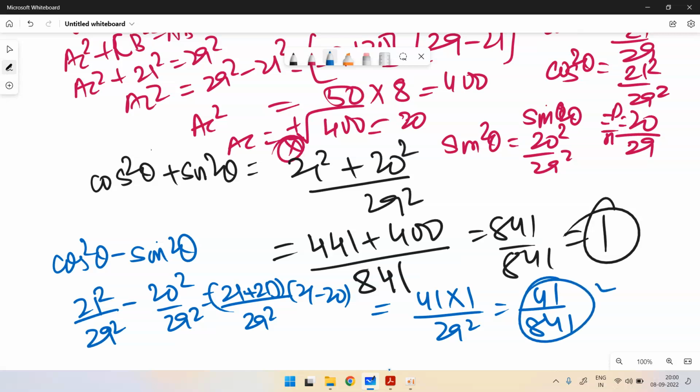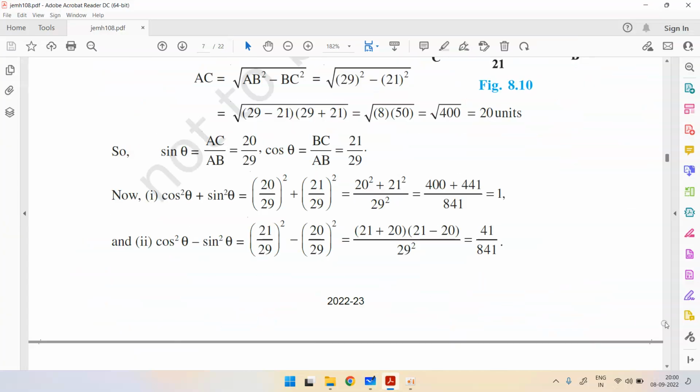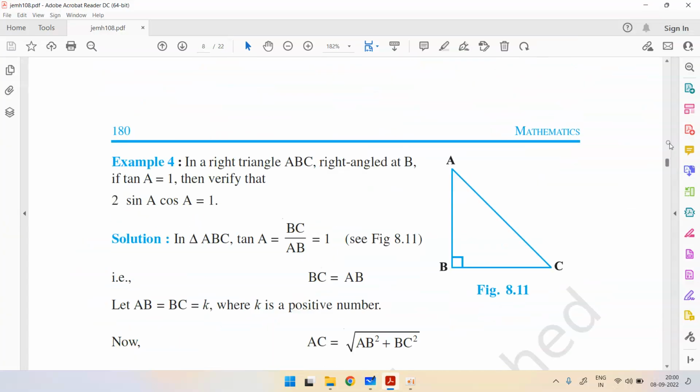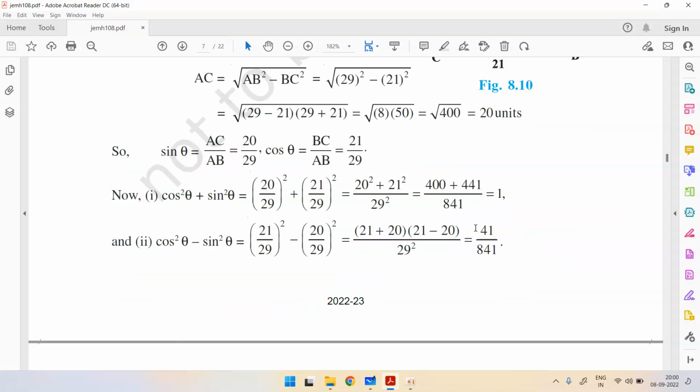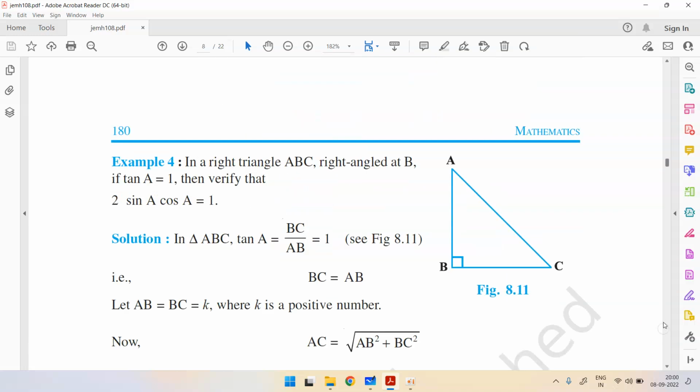This is your answer: cos square theta minus sin square theta is 41 by 841, which is proved.